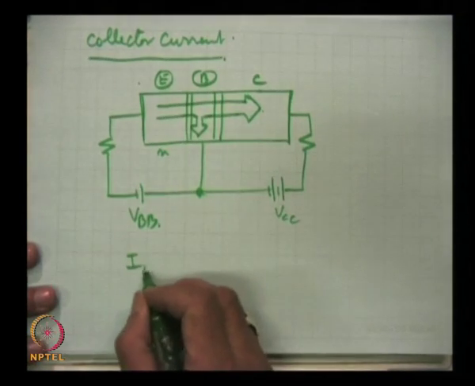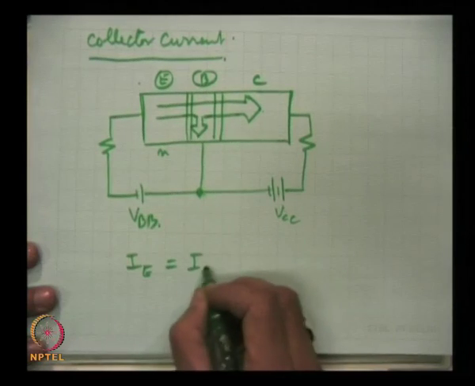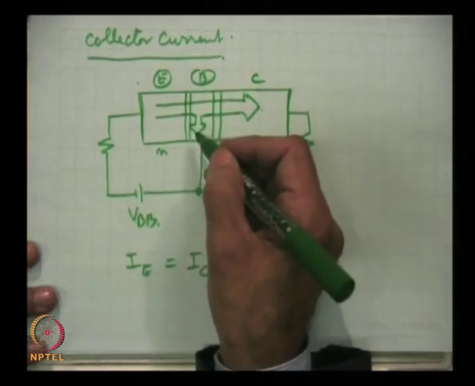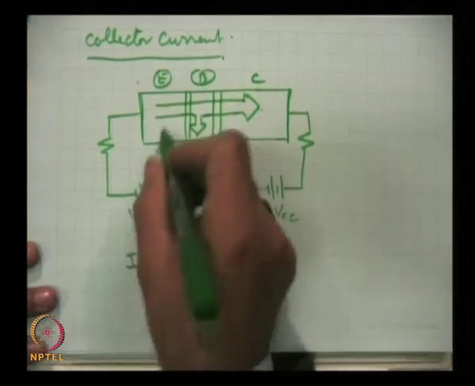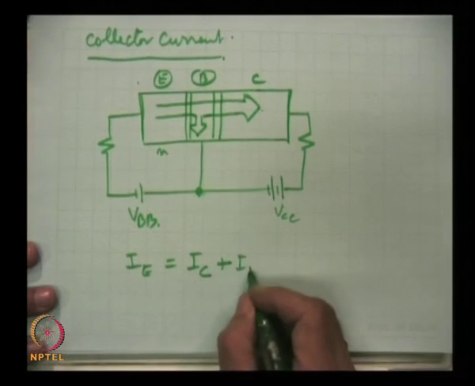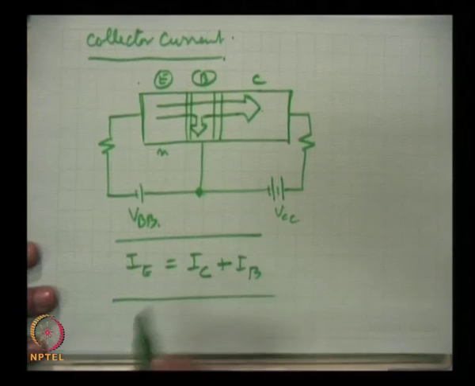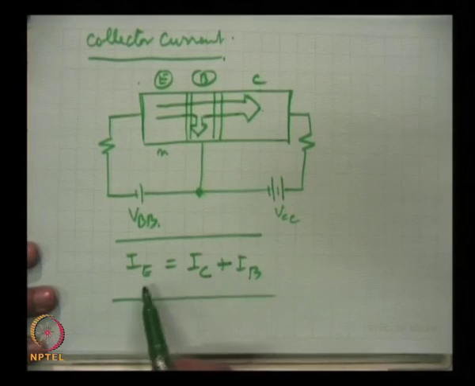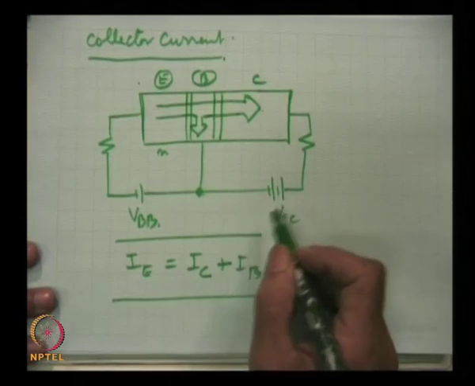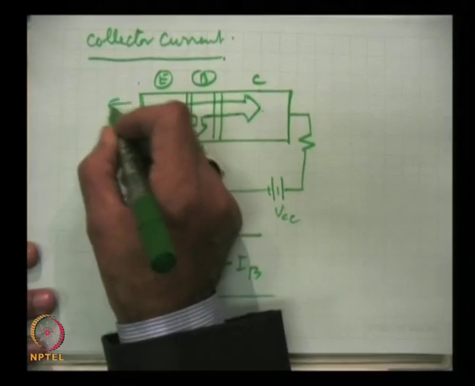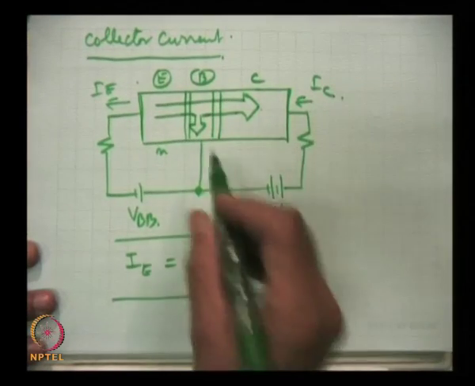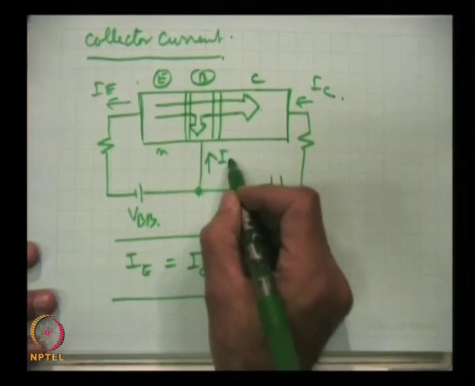So, IE is equal to IC plus IB, because the base current also is basically because of the electrons which have been injected from the emitter. This is the relation which we will always remember, and I will show you that this comes by summing up the currents: this is IE, this is IC, and this is IB.